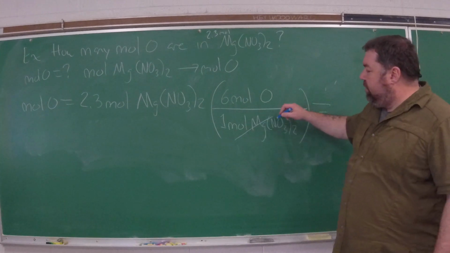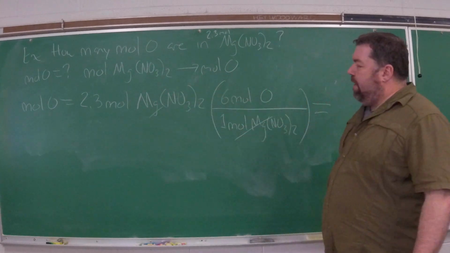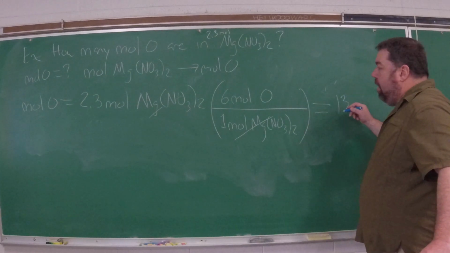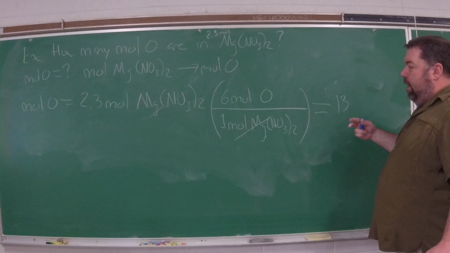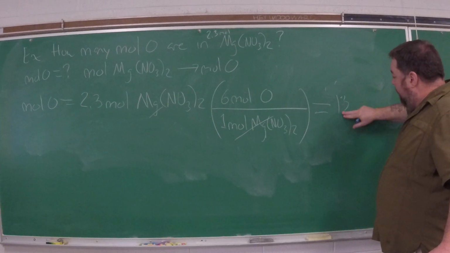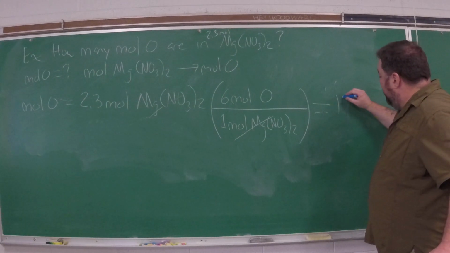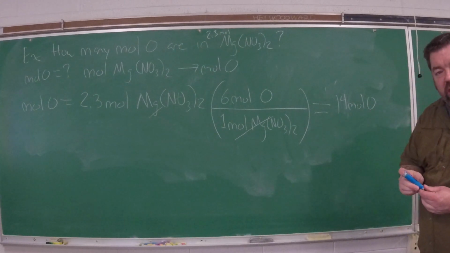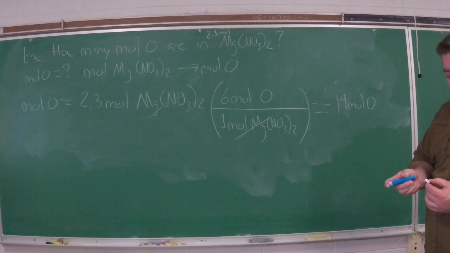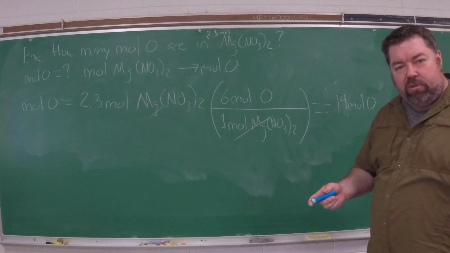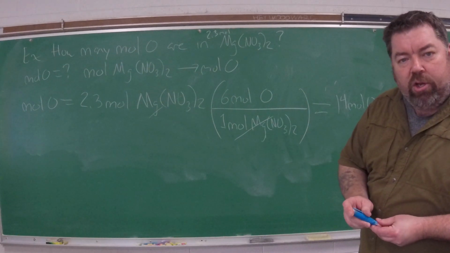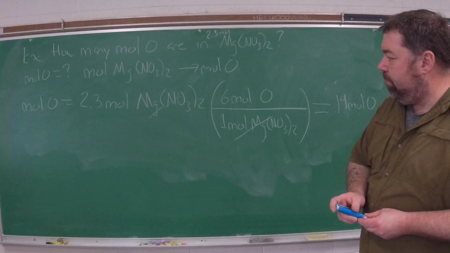So moles of magnesium nitrate cancels, and then 2.3 times 6 is going to be what? 13.8. Again, we only have 2 sig figs, so we end up with 14 moles of oxygen. All right? Hopefully I explained that so it's understandable. Again, if not, you're going to have to take a look in your book or email me. Okay?